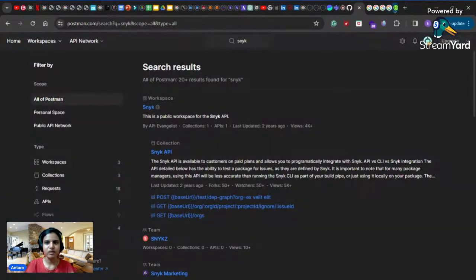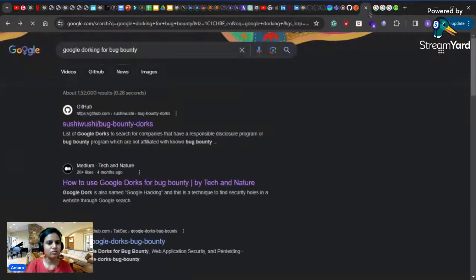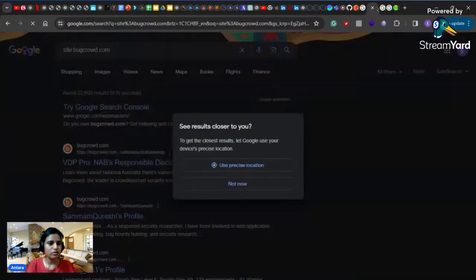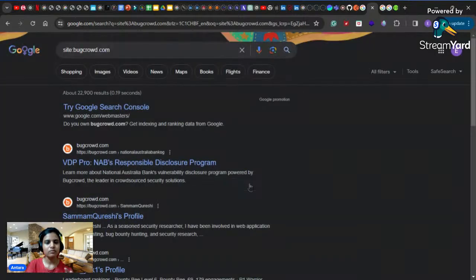Then we have Bitbucket, Postman collections, and Swagger APIs as well. There are also a couple of Google methods an attacker uses to see what crawled results are available on the internet, which can be used to curate further attacks.